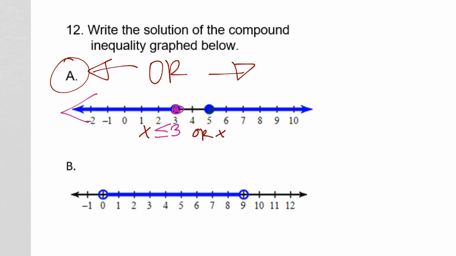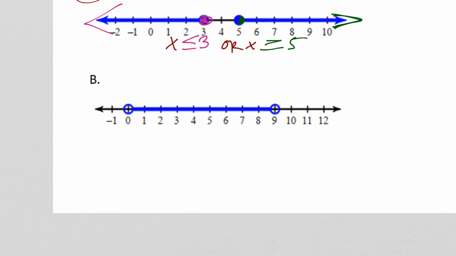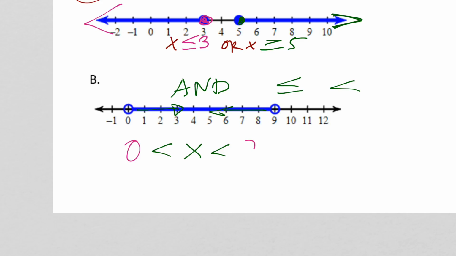And the one on the right is colored in, and it's pointing to the right, so I know this is greater than or equal to 5. B is an AND, which means these go toward each other. Now, they're both not colored in, so I know they're both going to be less than, at 0 and at 9.